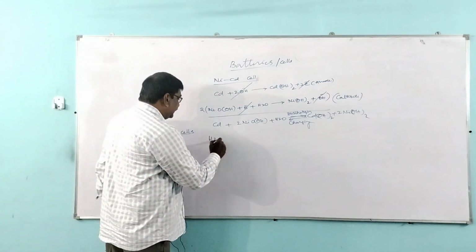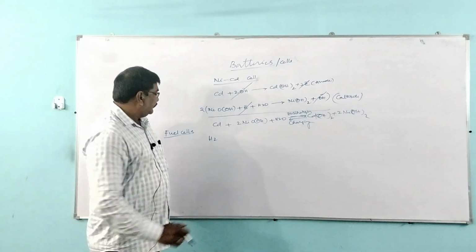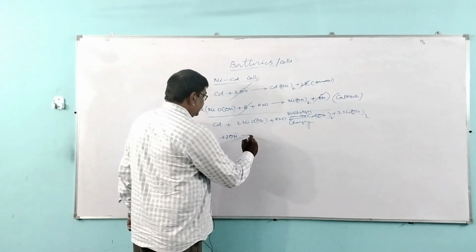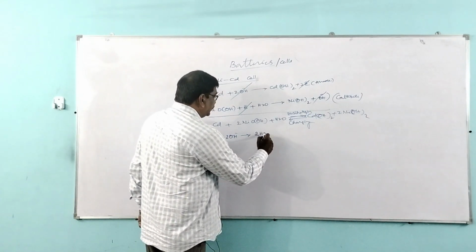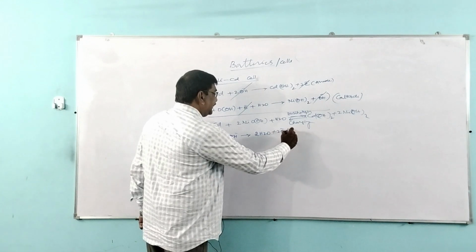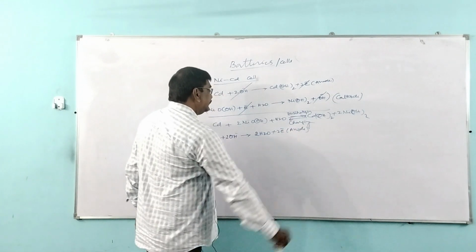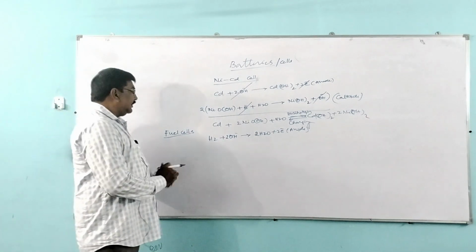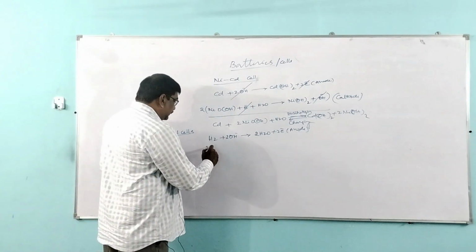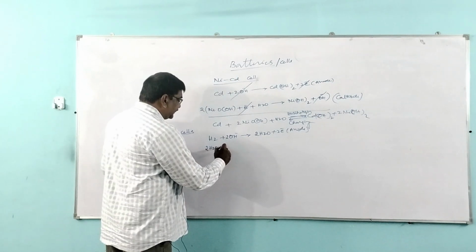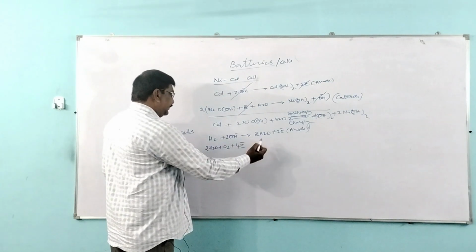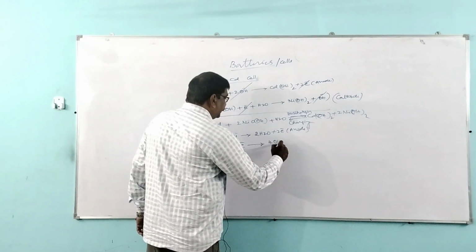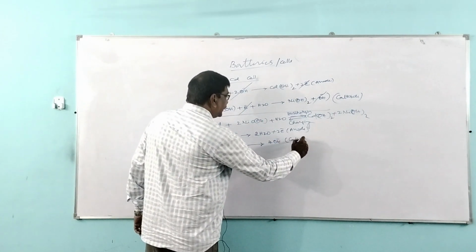Here H2 plus OH minus gives 2H2O plus 2 electrons, it acts as anode. O2 plus 2H2O plus 4 electrons gives 4OH minus, the cathode.